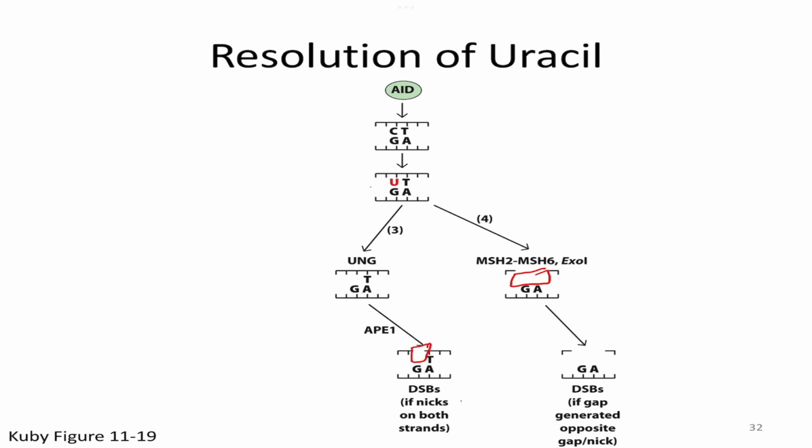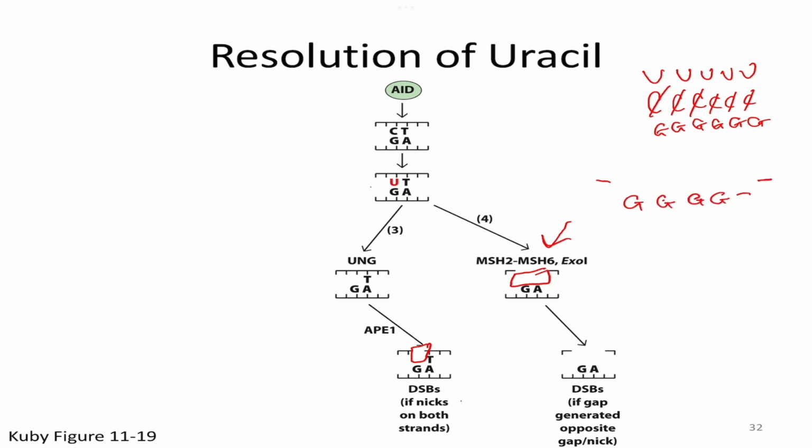This is particularly important in a situation where maybe we had two cytidines, or a whole string of cytidines next to each other. Here are all my cytidines next to each other. They all got deaminated, so they all went to uracil. And now we're going to have a big gap because we removed a whole bunch of bases.